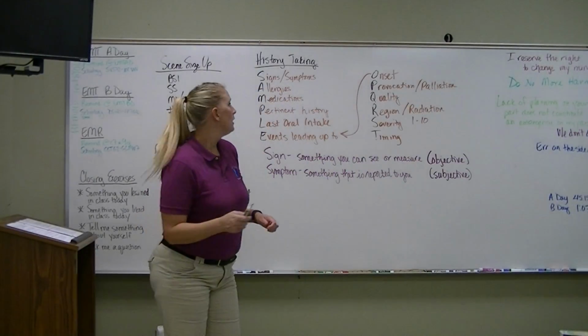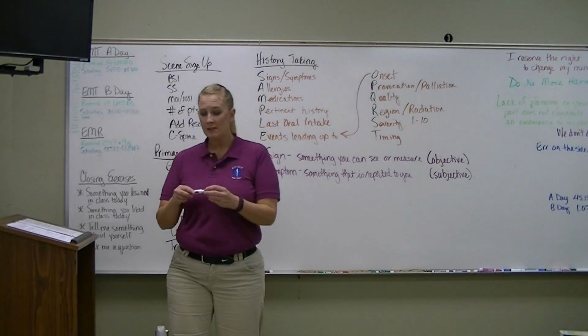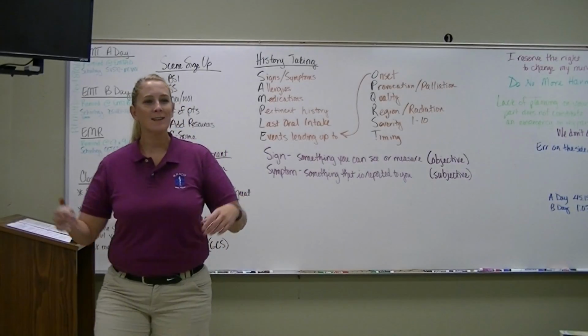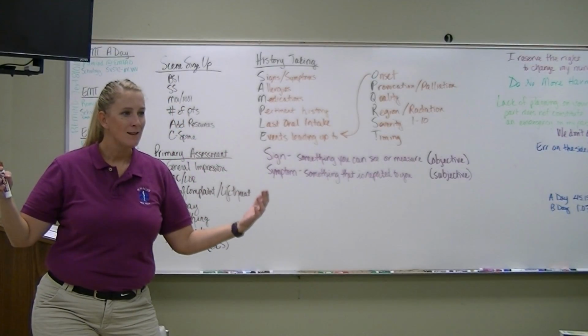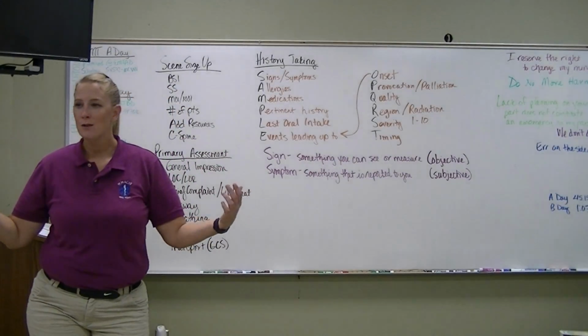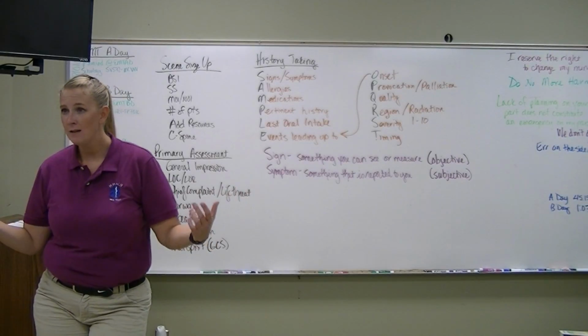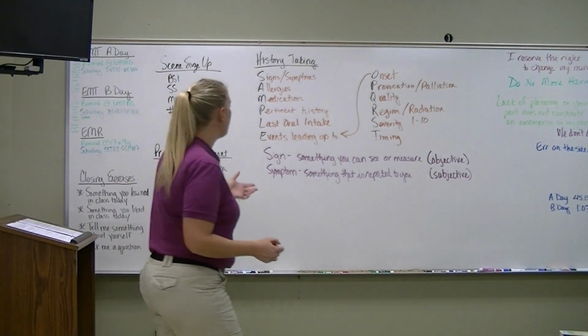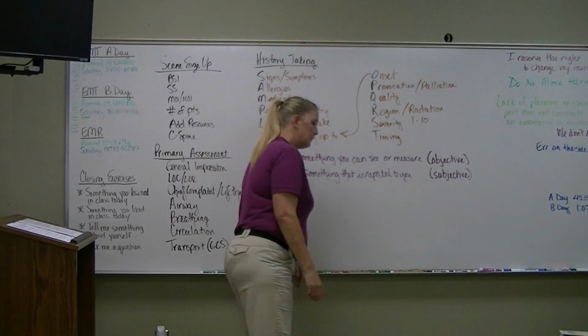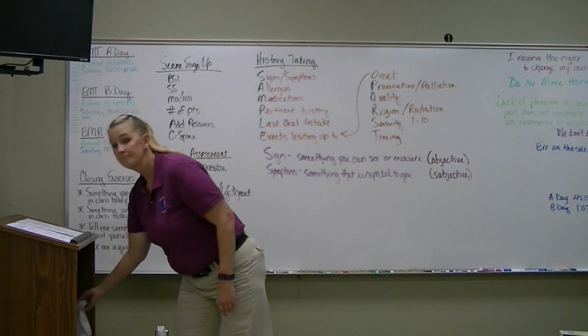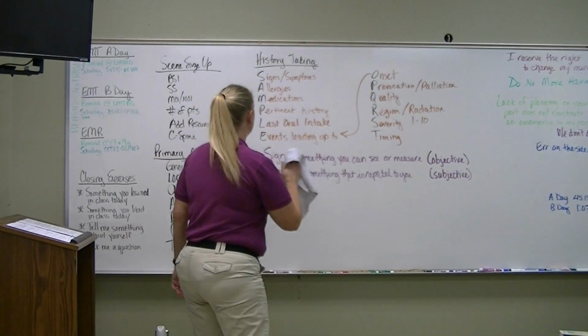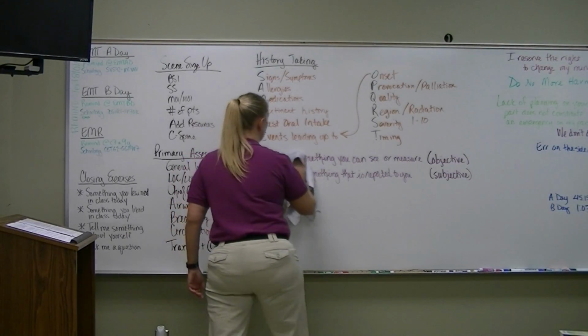You're going to ask all these questions if your patient is conscious and alert, or at least semi-alert. What are you going to do if your patient isn't? Then you're going to switch over to your trauma assessment again.